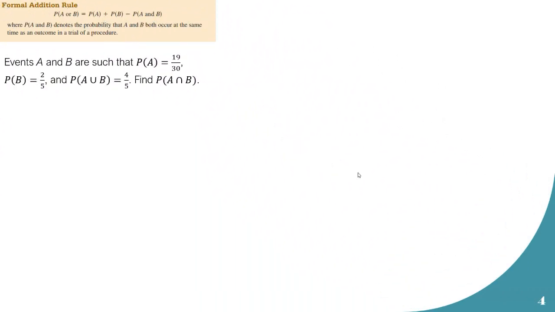In this example, we're given two events, A and B, such that the probability of A is 19/30, the probability of B is 2/5, and the probability of A or B is 4/5. You're asked to find the probability of A and B. So we can use this very same equation here, and all we have to do is rearrange it.